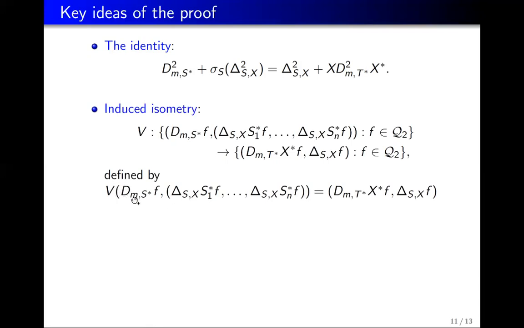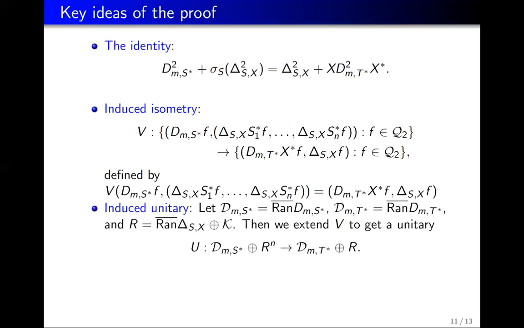If you look at the norm squared of such a vector, it will give you the left-hand side of this operator identity applied to F inner product with F. Similarly, the inner product of this vector on the right-hand side gives the operator on the right-hand side applied to F inner product with F. So this isometric property can be checked very easily. And once you have an isometry, it is very standard that you add a Hilbert space to extend it to a unitary. So you just add possibly an infinite dimensional Hilbert space so that it becomes a unitary on appropriate Hilbert spaces.